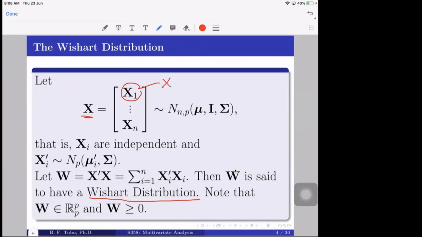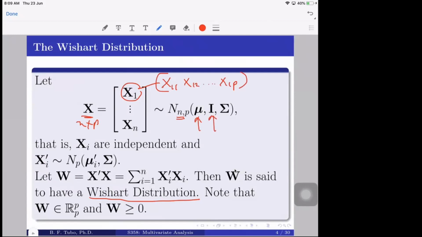X is n by p, so you will have p columns. It is normally distributed with a mean matrix mu.